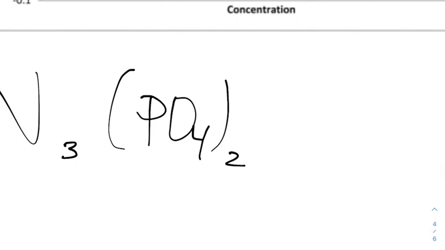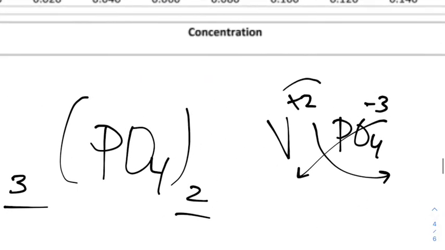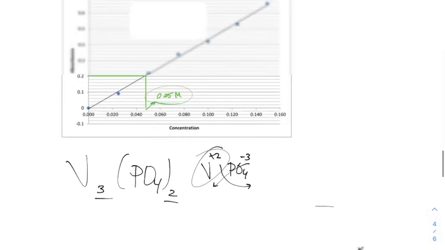Don't say 3, because remember, if we look at these from their ion perspective, it's going to be the vanadium with the phosphate, and we know phosphate is a -3, which means the vanadium must be the +2 in order to end up with this formula down here, to crisscross those down, to end up with the 3 and the 2. So what charge is the vanadium? The vanadium must be a +2 charge.